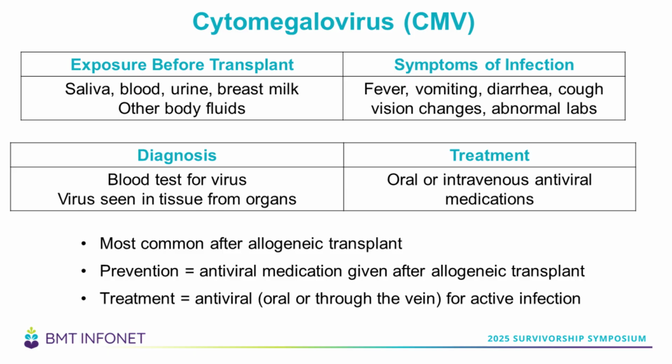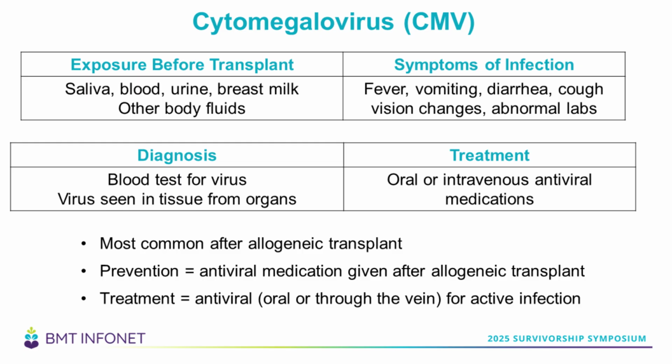Symptoms of CMV infection can be quite variable and include fever, vomiting, diarrhea, cough, vision changes, and having abnormal lab work, which your transplant and CAR T team would be assessing.